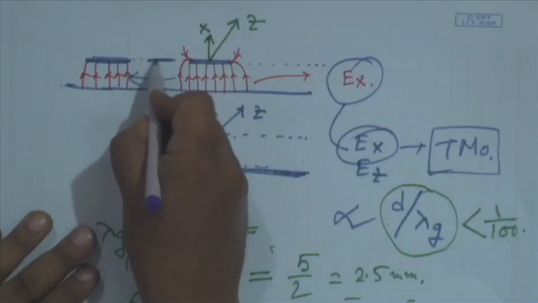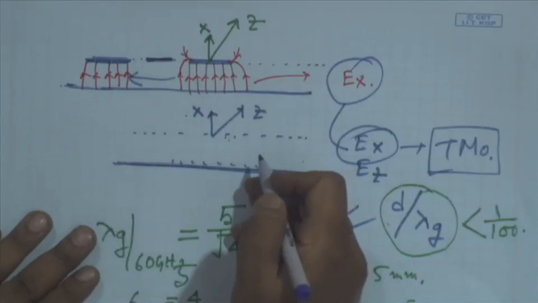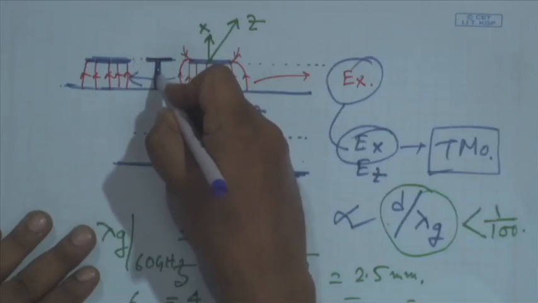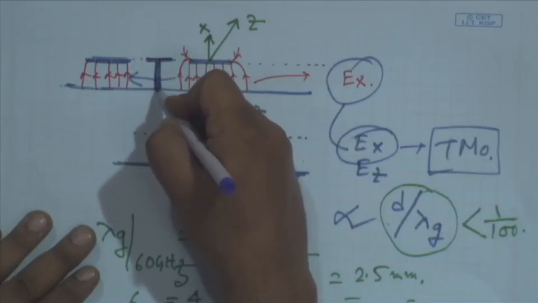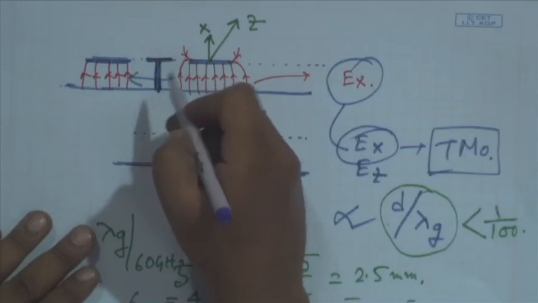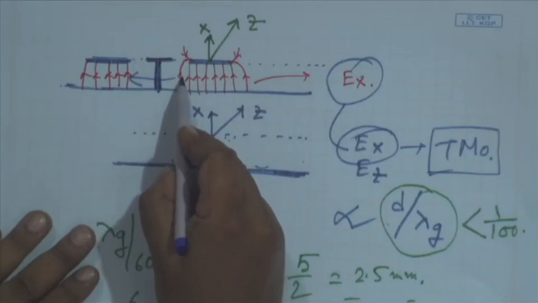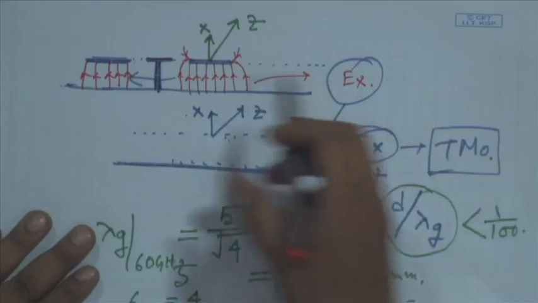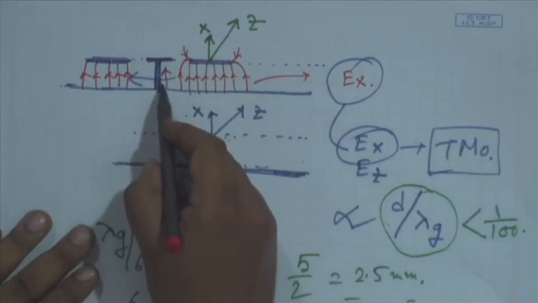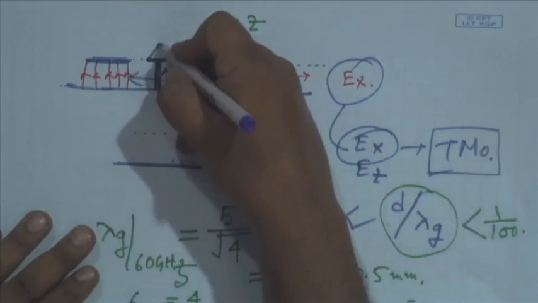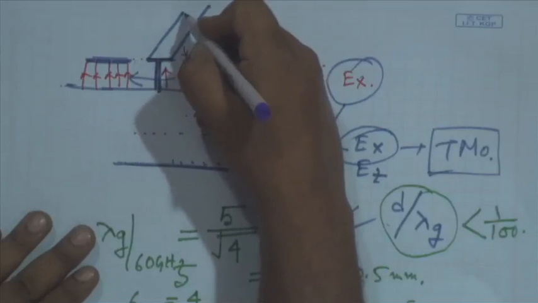We use one more strip in between these two microstrip lines, and then use a metal via which connects this top strip to ground. Now, since the electric field Ex component is parallel to this via, it will be suppressed by this via. So, the only thing we have to do is use periodic vias to suppress this Ex component.